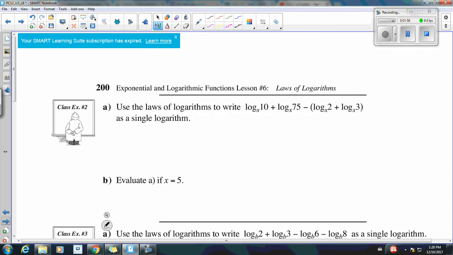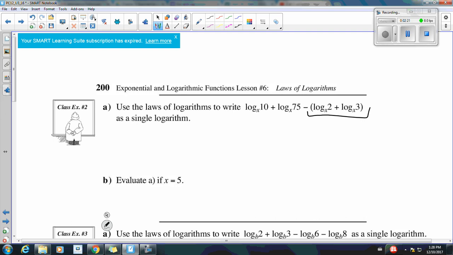Of course, it's not always going to be nice numbers. We're going to have to use variables here. So here it asks to use the law of logarithms to write log base x of 10 plus log base x of 75 minus, in brackets, log base x of 2 plus log base x of 3. So here it's being put in brackets for us, so we know that whole thing is being subtracted.